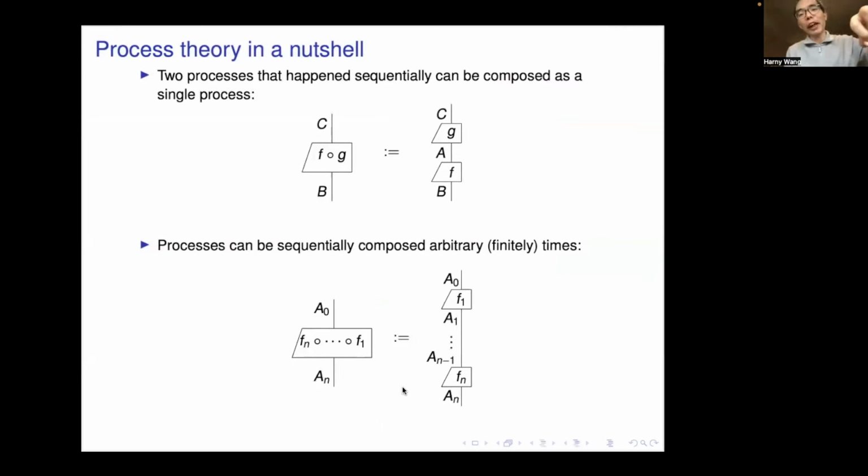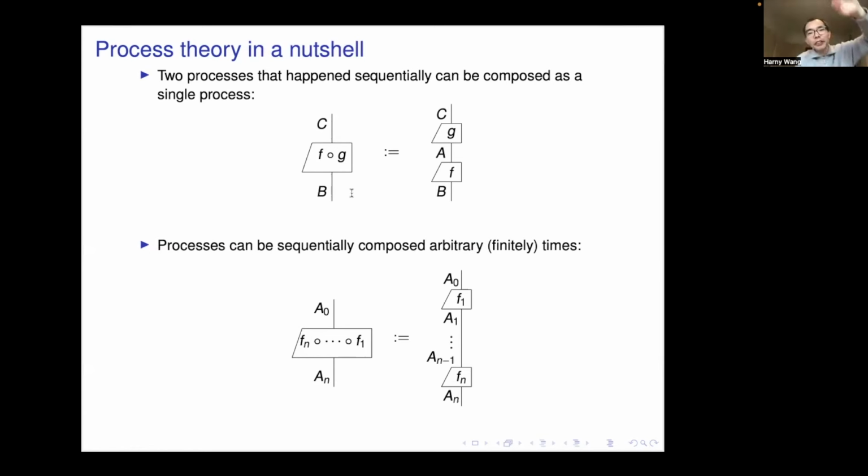For example, if we have a process G from C to A, and another process F from A to B, we can compose them as a single process, shown on the left, from C to B, the big box. This is a composition of the two processes, G and F. We first do G and then we do F. I use a little circle, F ∘ G, as the sequential composition of these two processes.